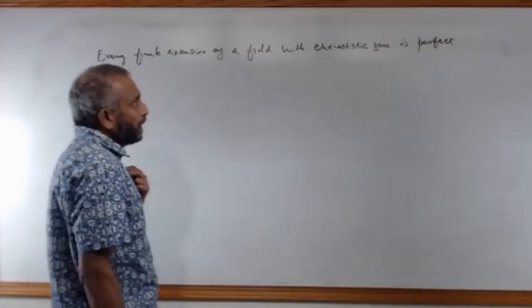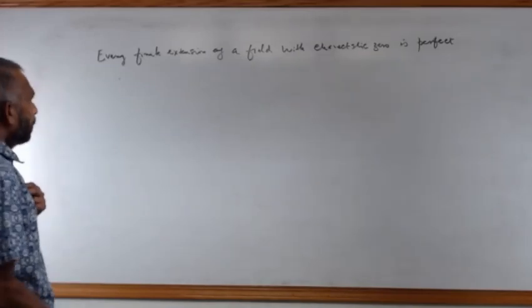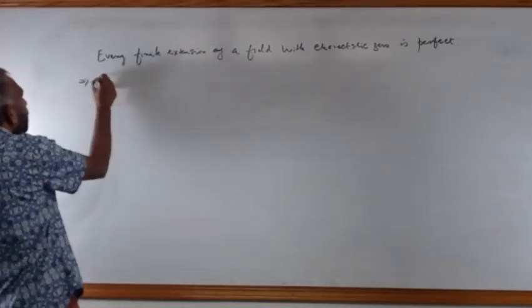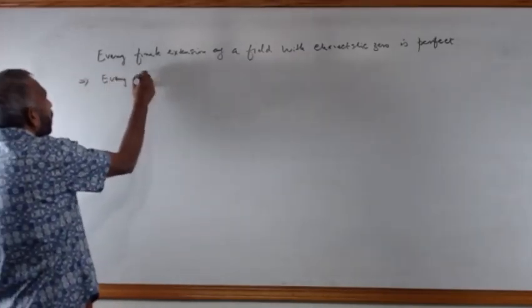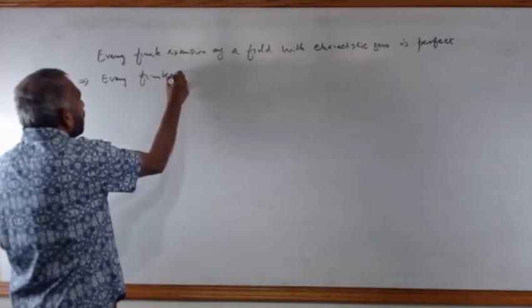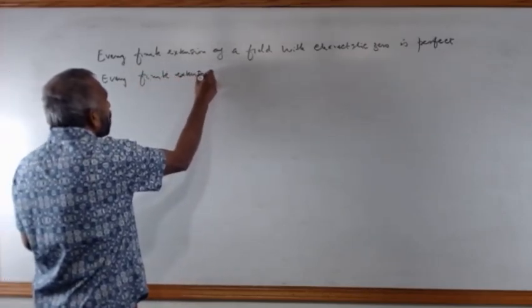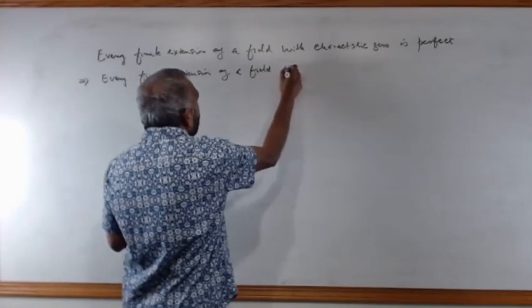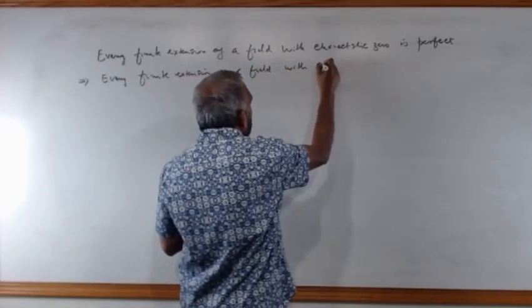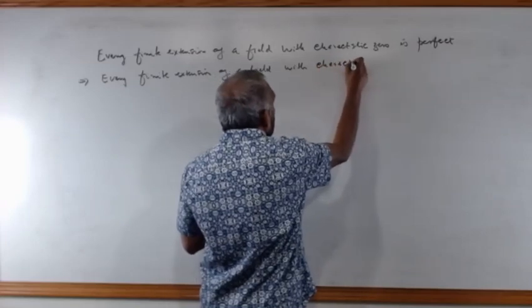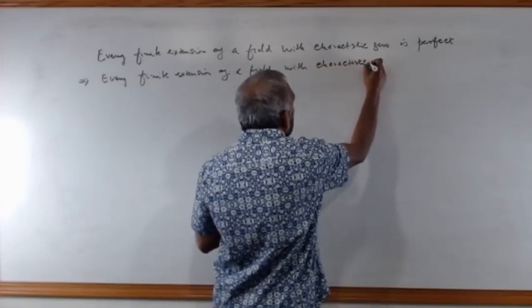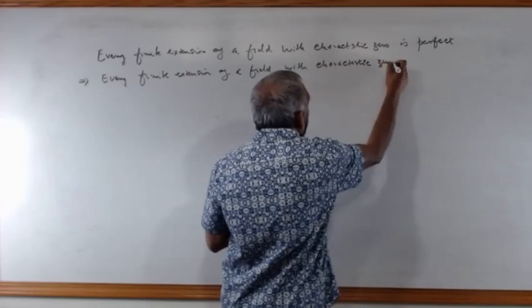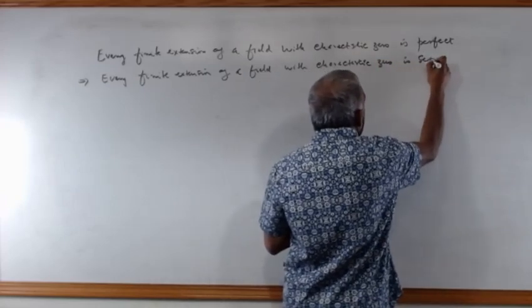Perfect means every finite extension is separable. So that means every finite extension of a field with characteristic 0 is separable.